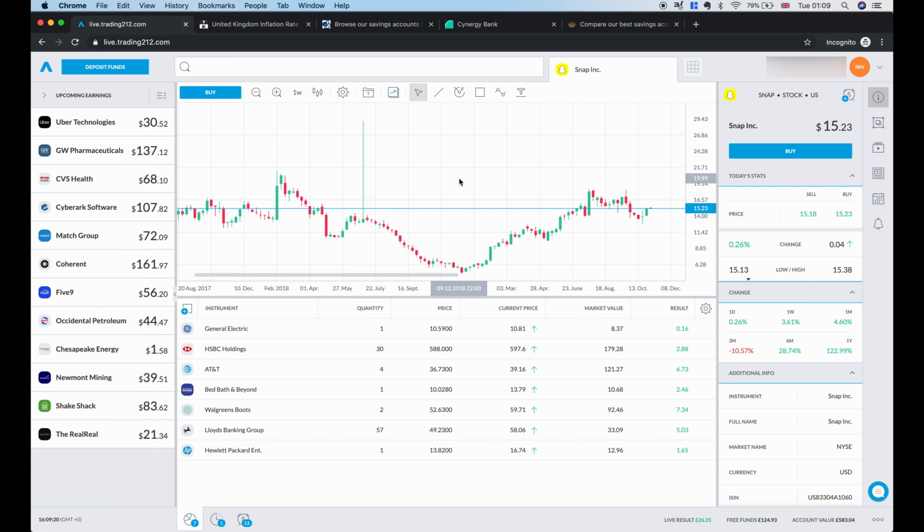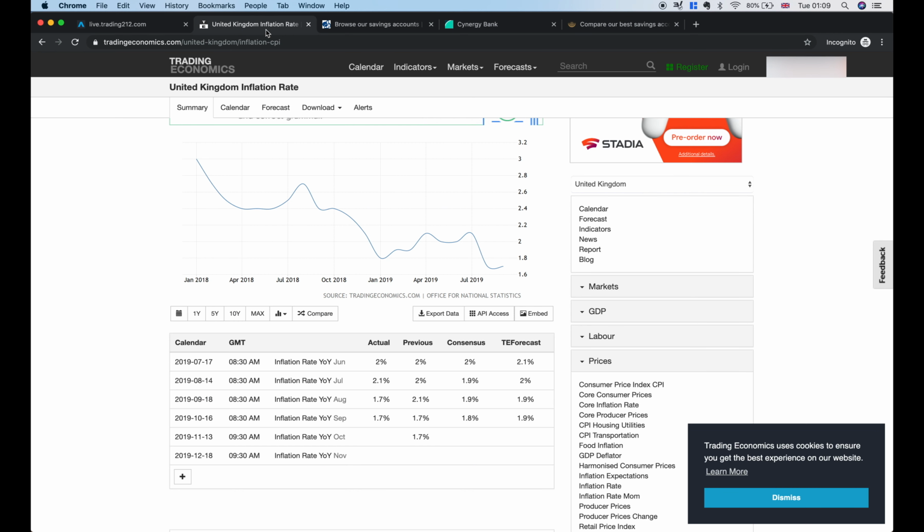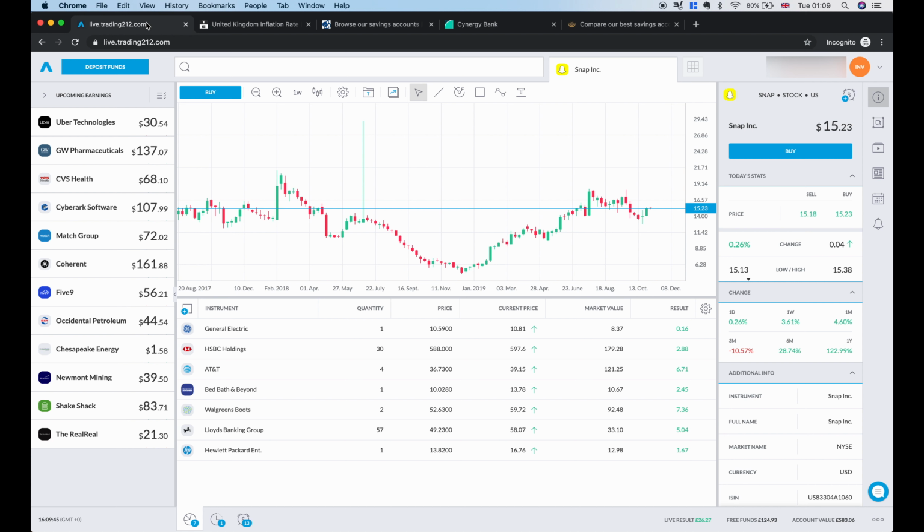So unfortunately on the desktop, it's quite hard to see what the percentage growth is on the overall account. But for those who have downloaded the app on their phone, you'll be able to see the total percentage increase. So let's go back to the current rate of inflation, which is at the 1.7% mark.